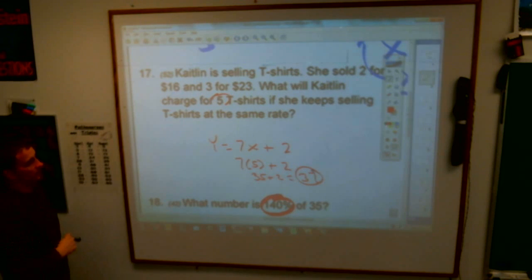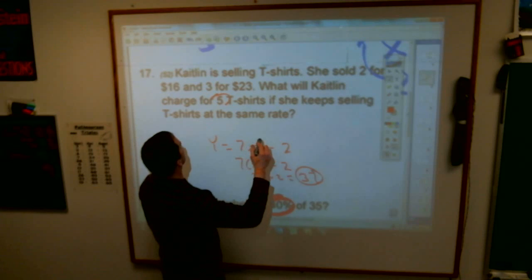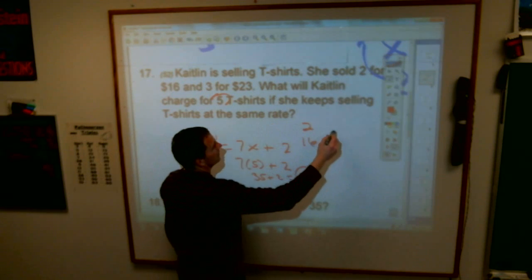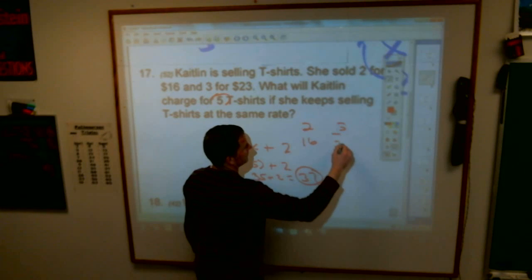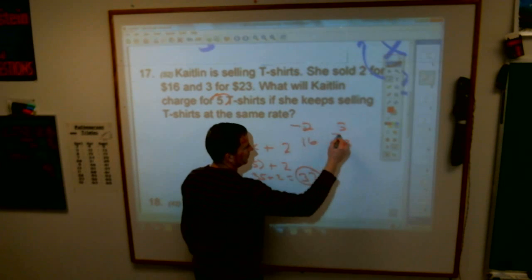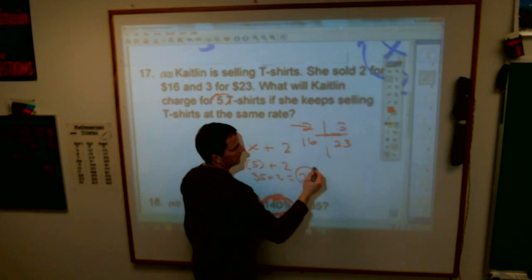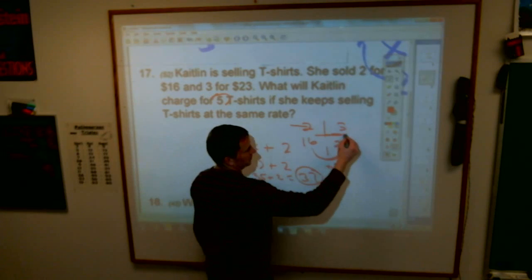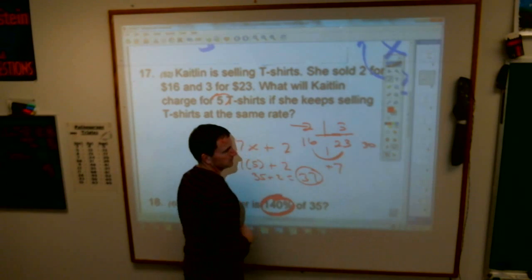I mean, you could, if you do it like this: 2 shirts were $16 and 3 shirts were $23. If you're doing this on your little thing here, you know 1 shirt has to cost $7. So 4 shirts would cost you $30.